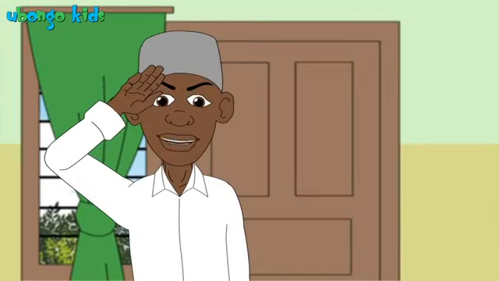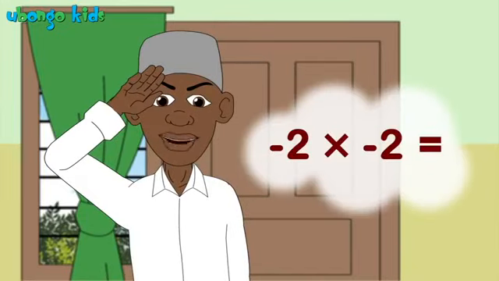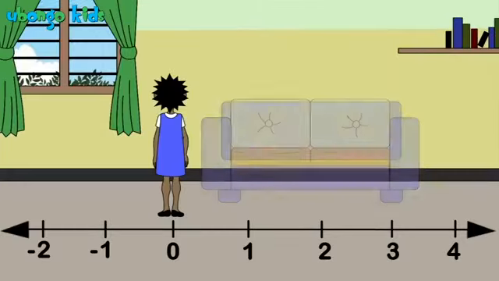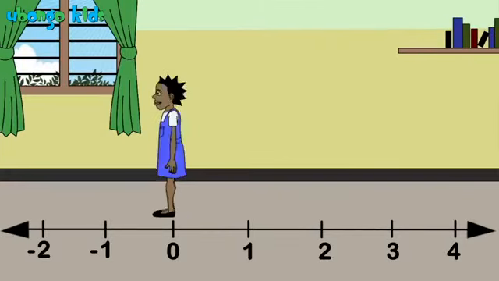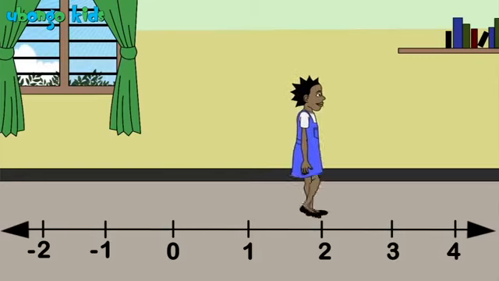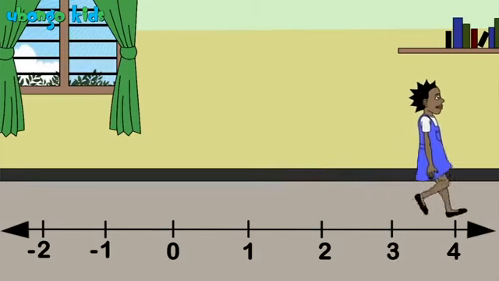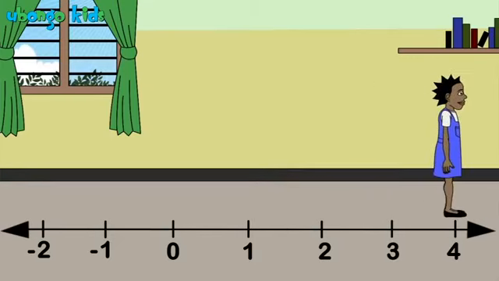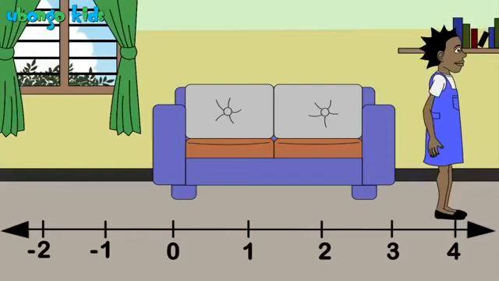The first march, -2 times -2. First negative, turn. Second negative, turn. 2 times 2, march. So what do you think you'll get now? It's positive 4.